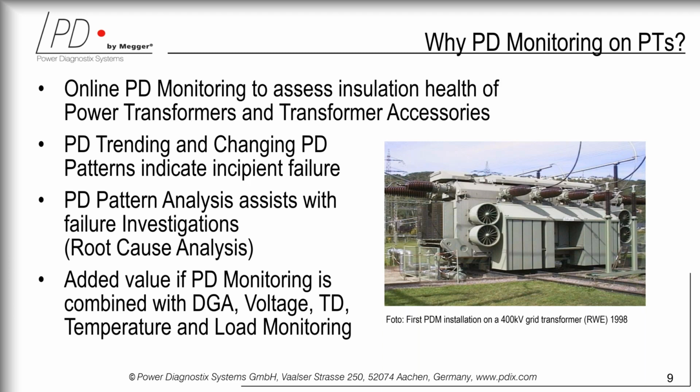But my particular advice after working in this field for a while is to actually have partial discharge combined with DGA, combined with time delta, and so on and so forth. But partial discharge can give a very good initial qualitative and quantitative measurement of what's happening inside of the transformer, inside of its tank, inside of its bushings, etc.